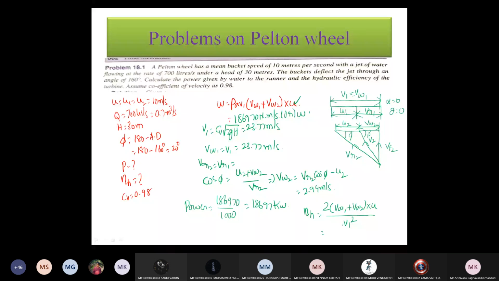This formula is also very, very important. Here all the values are known. Simply find out the hydraulic efficiency value.